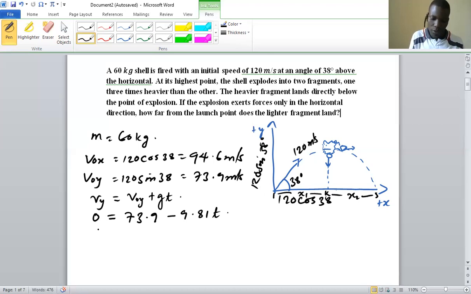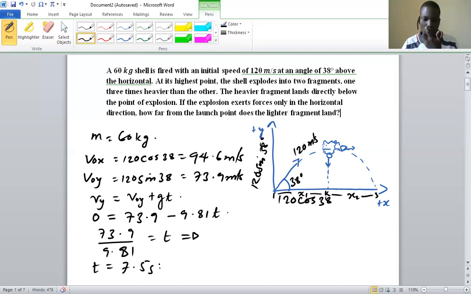When we group this, t equals 73.9 over 9.81, and our time is going to be 7.5 seconds. This is the time that this shell took to reach the highest point, the point where the explosion took place.